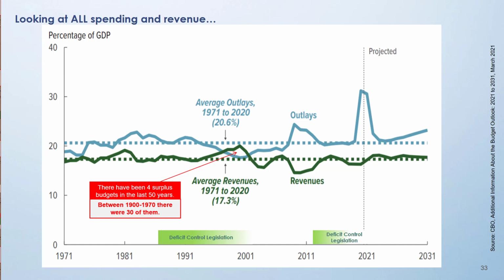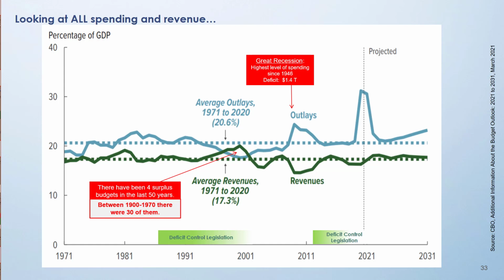You'll also notice in 2008-2009, during the Great Recession, we had the largest deficit since World War II, a $1.4 trillion deficit. And we had the highest level of spending since World War II. That triggered deficit control legislation.